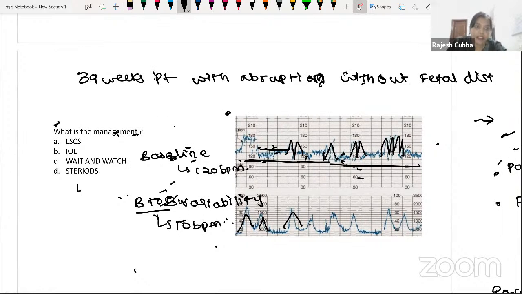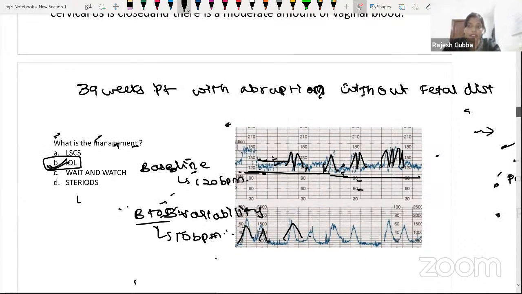LSCS, induction of labor, wait and watch, steroids. Is there any point of doing cesarean section here? Absolutely no. So what is the preferable thing which you can do here? Go for vaginal delivery, that is excellent: induction of labor. Answer here is B, induction of labor.